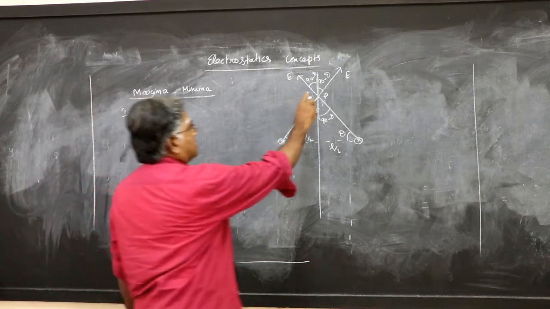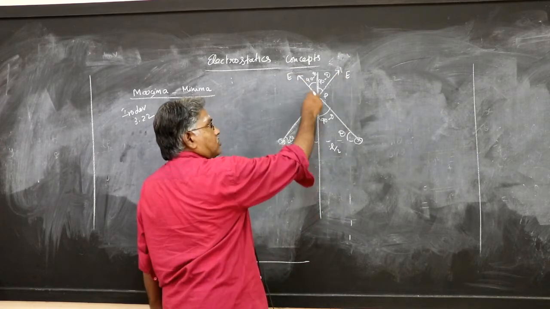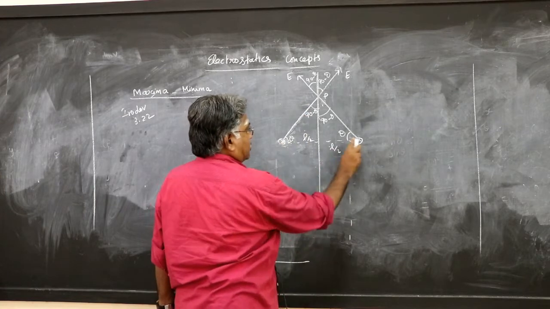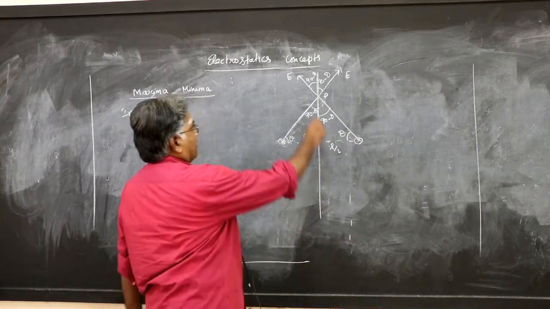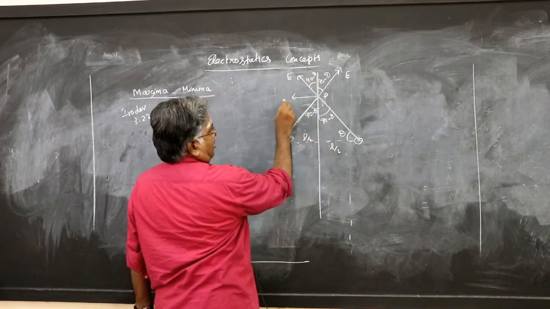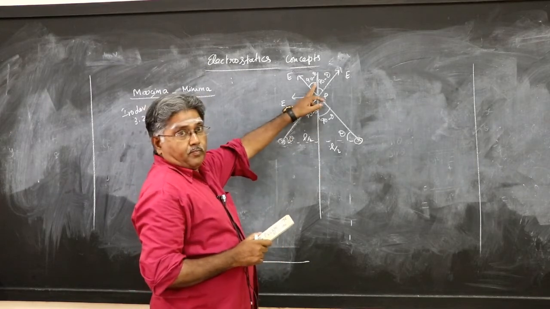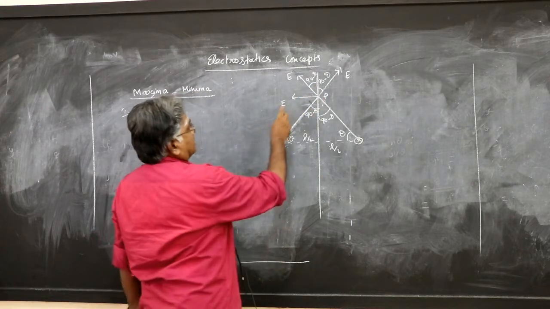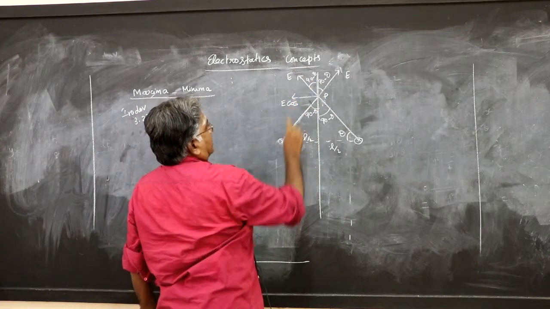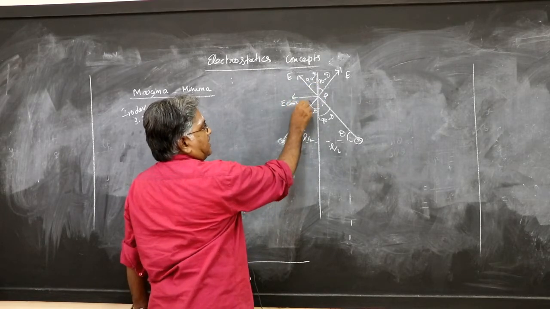Now you resolve this electric field into two components, and you also resolve the other into two components. The components parallel to the line joining the charges will cancel out. See here, this side the component will be E into sine of 90 minus theta, so cos theta.